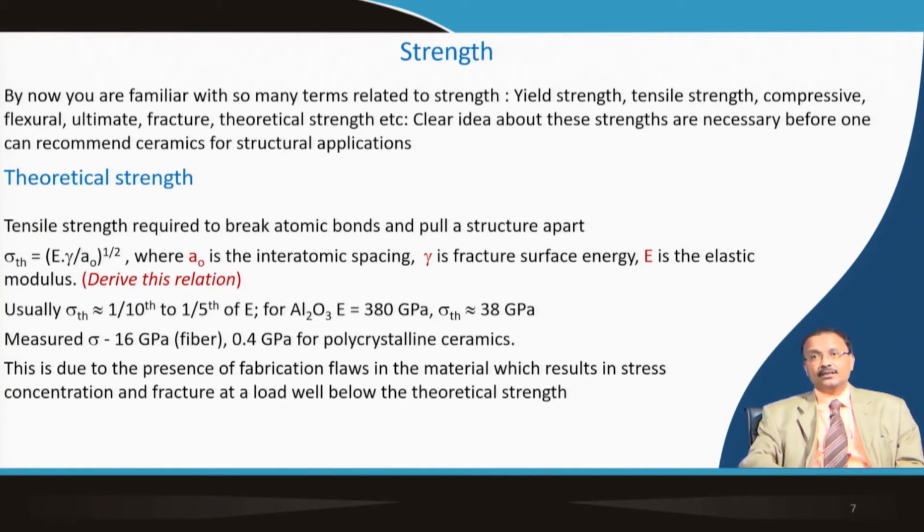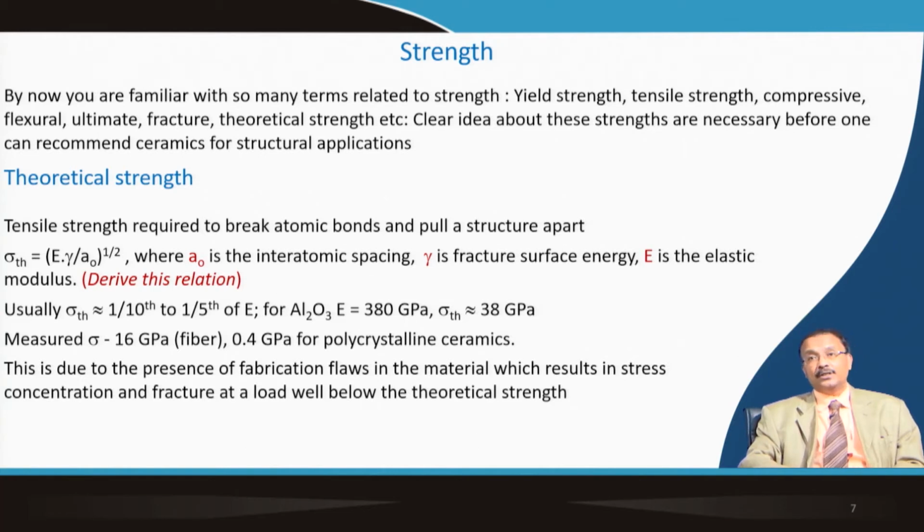But when you measure the fracture stress of alumina or a brittle material, in the case of a fiber, which is basically a whisker, a defect-free fiber, you get about 16 GPa, but for actual polycrystalline ceramics it is reduced down to 0.4 GPa.